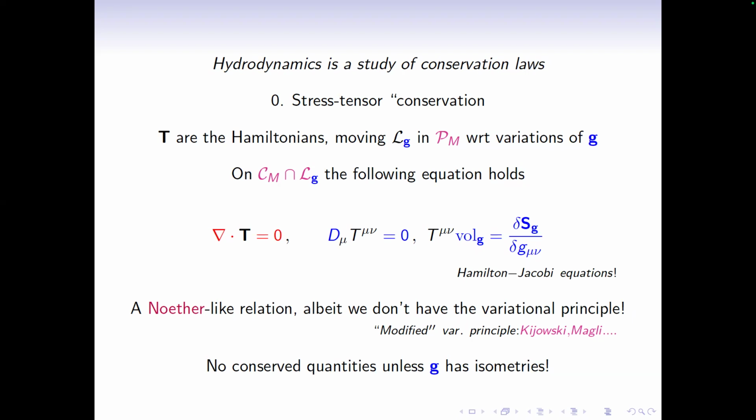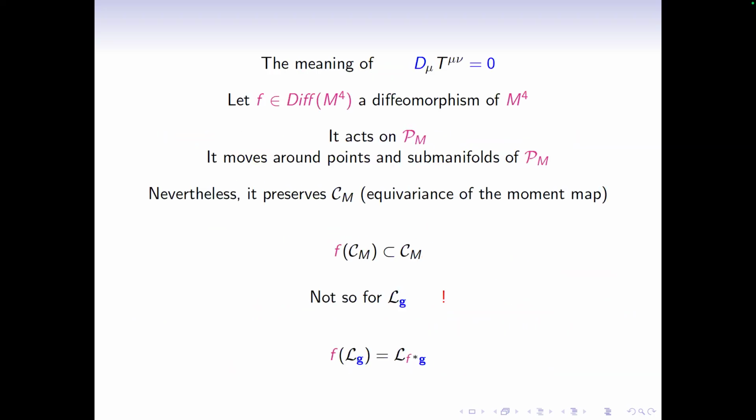So here the logic was kind of reversed. We start with some first principles and we derive this equation. And usually people put in some guesses for T mu nu and then write this equation, and then from that they derive the equations of hydrodynamics. So I don't know about your taste, but in my taste, this is simpler and more systematic.